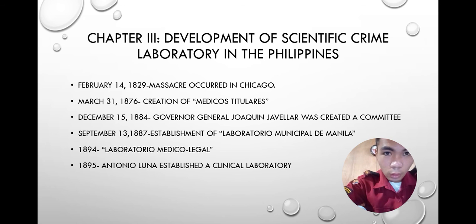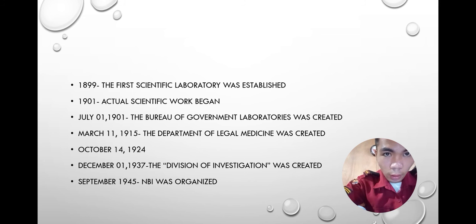Then the next is 1899. The first scientific laboratory was established in a small building on the banks of Pasig River. Then the next is 1901. Actual scientific work began under the initiative of Dean C. Worcester by virtue of Act Number 156 approved by the Civil Commission.